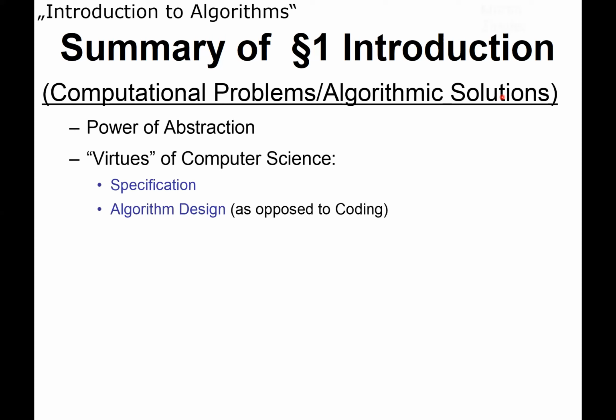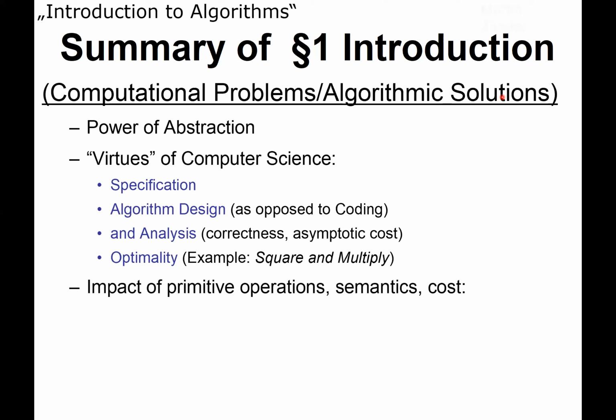We talked about the virtues of computer science from problem specification via algorithm design as opposed to coding and algorithmic analysis, correctness, and asymptotic cost, to the question of optimality with the example of an abstract powering problem and the square and multiply algorithm for solving abstract powering.